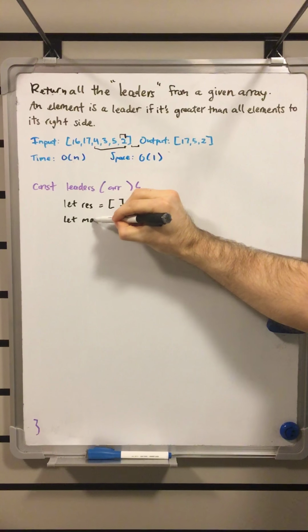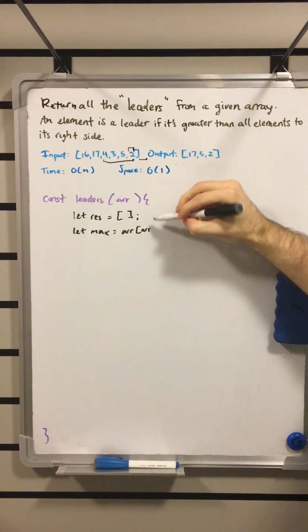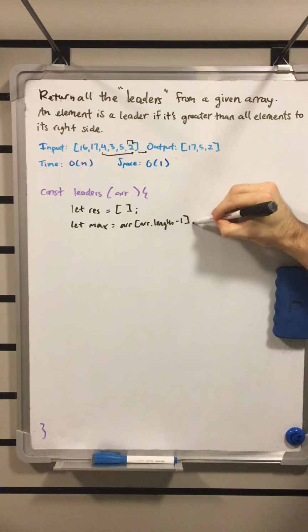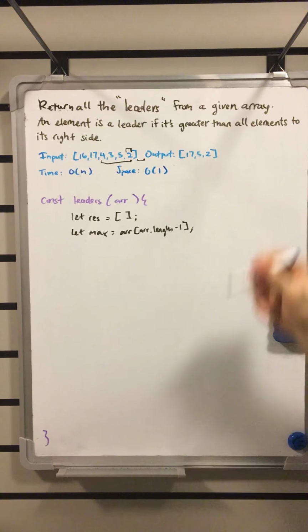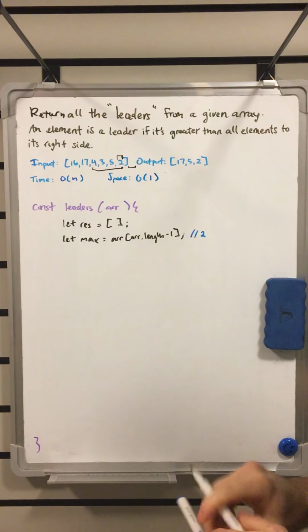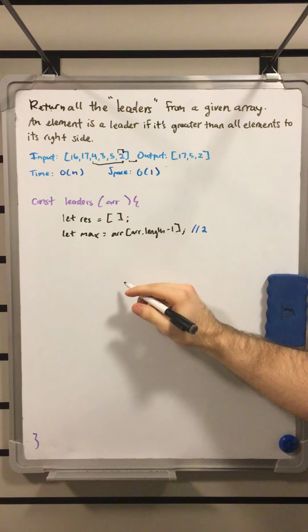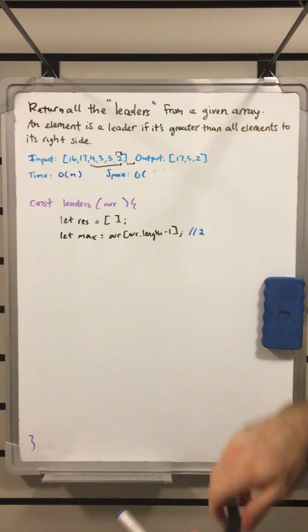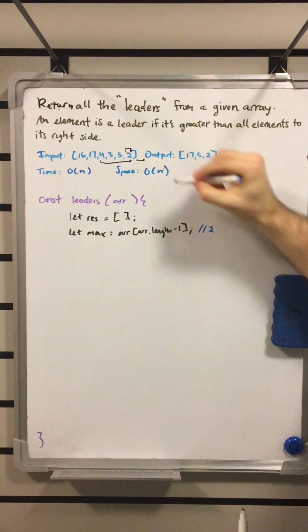We'll call it max, and we're going to set it equal to the last number in the array, which should be 2. Excuse me, the space will not be O(1); since we're having this array here, it'll be O(n).